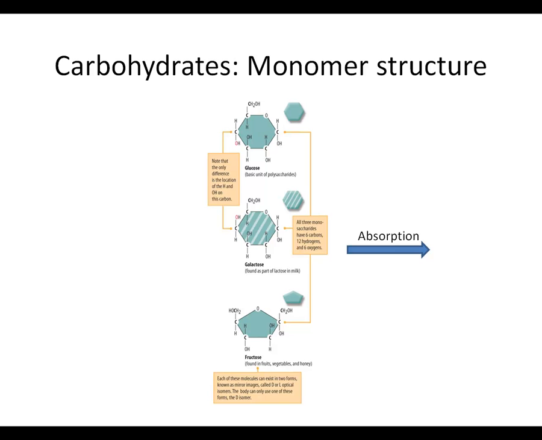Remember that carbohydrates come to us as ring structures for the most part, except for glycerol. They have oxygens, hydroxyl groups, hanging off of those rings. So the basic structure of all carbohydrates are these things that we call monosaccharides. The three that we are going to find the most is glucose, galactose, and fructose.